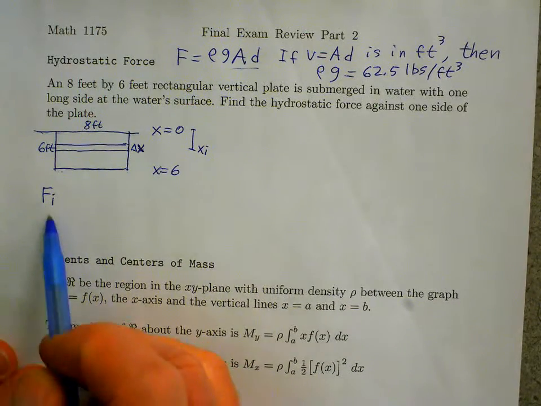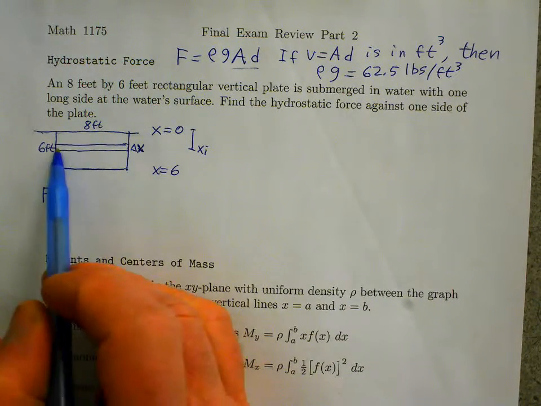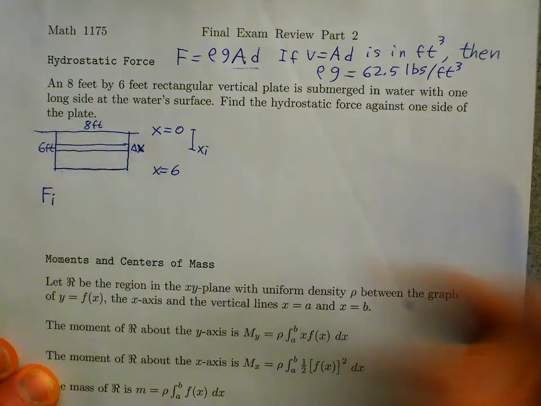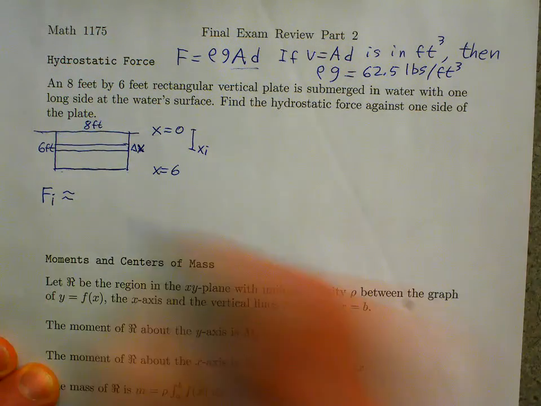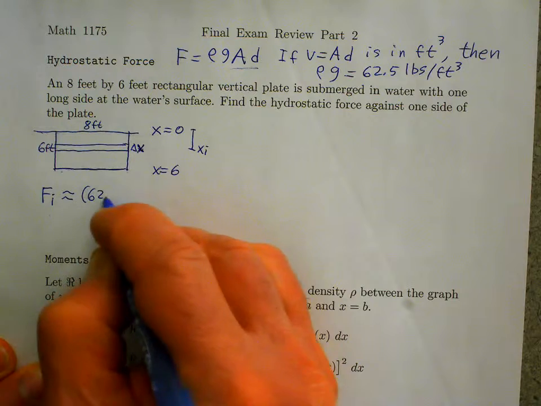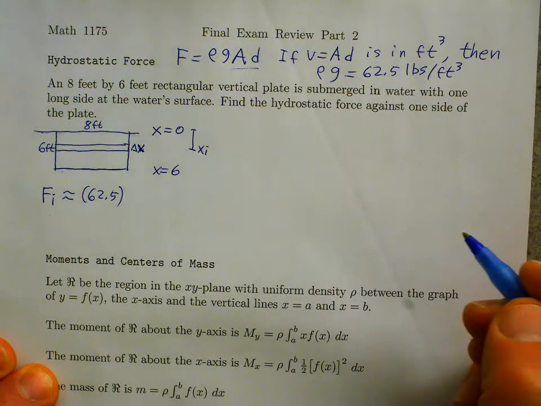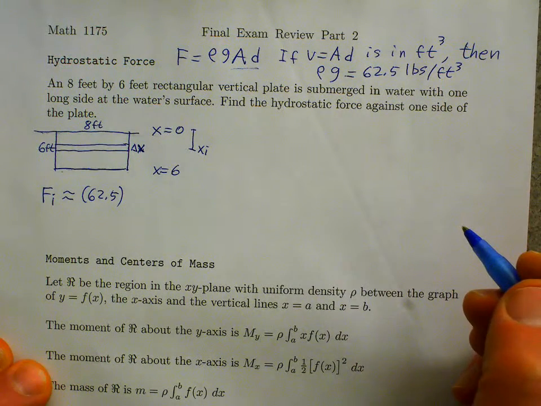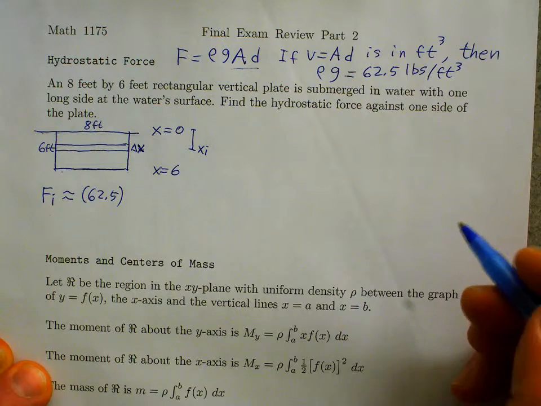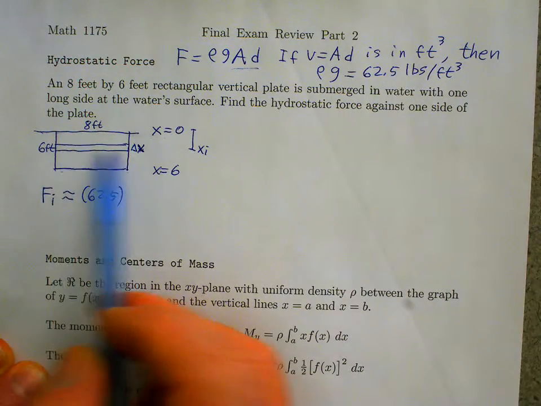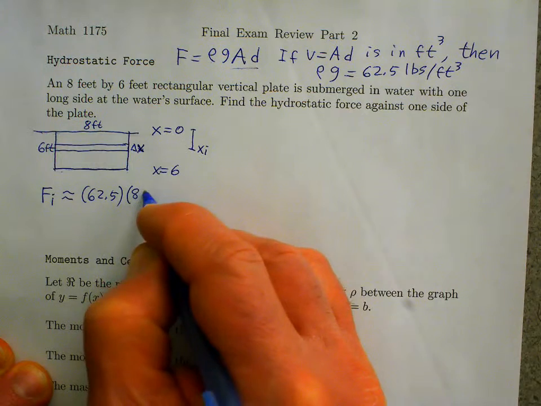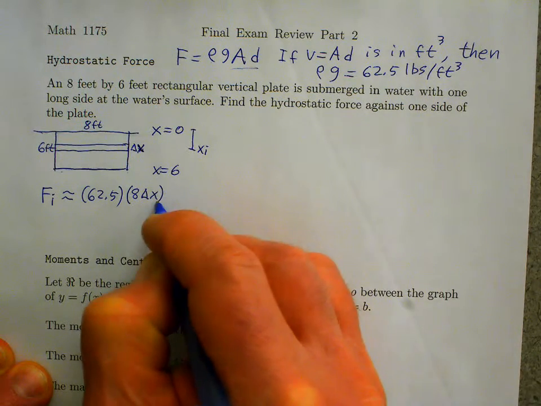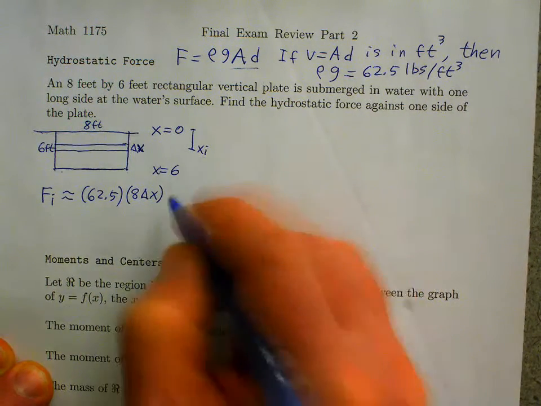So F sub i represents the hydrostatic force on the ith rectangle, which will be approximately 62.5 pounds per cubic foot times the volume. Okay, so the area of the rectangle is 8 times delta x, and the depth is x sub i.